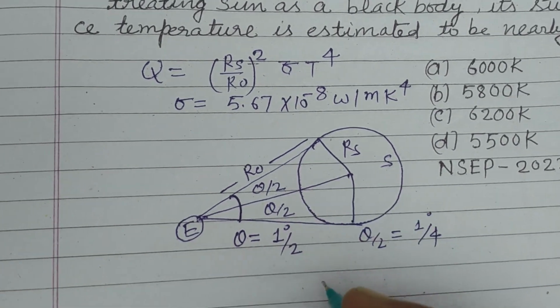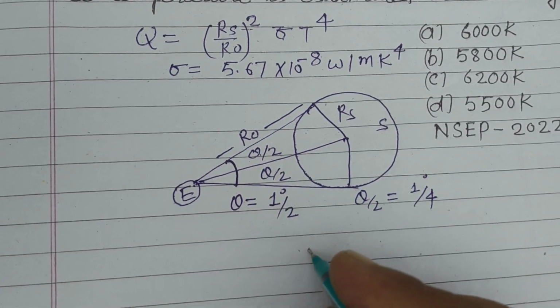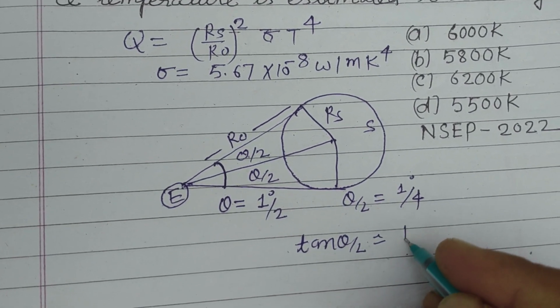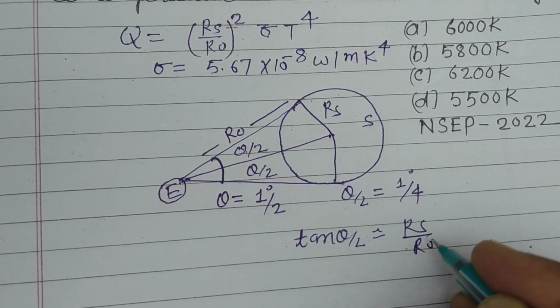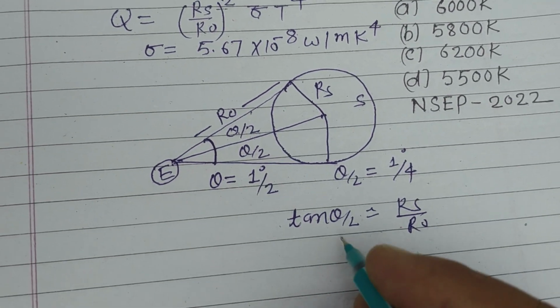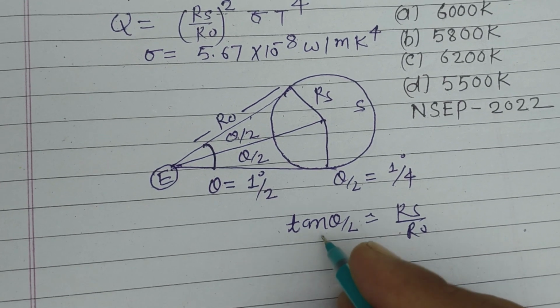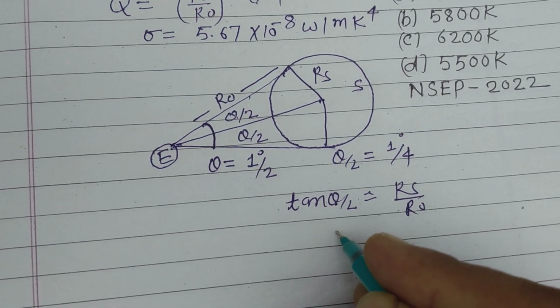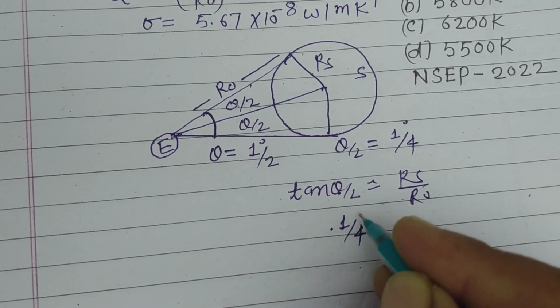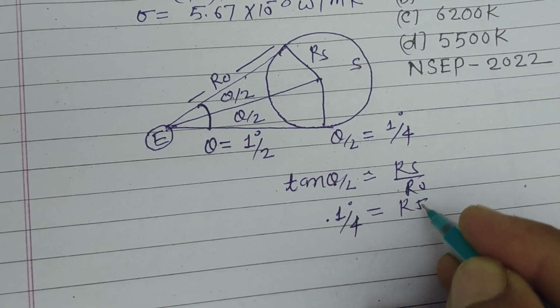We take the tangent of this angle. Tan theta by 2 is equal to Rs over R0, perpendicular over base. Here theta is very small, so we take it as 1 by 4 degree equal to Rs upon R0.